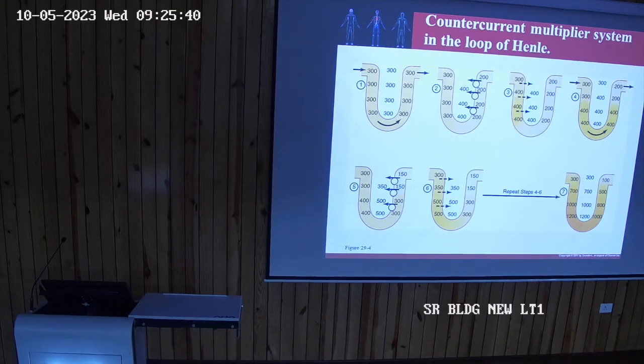Medullary gradient, the difference between the filtrate and the medullary interstitium at the same horizontal level, is 200 milliosmoles, and that difference is created along with the ascending segment and the descending segment. But for understanding purposes, first we'll go for the ascending segment, which is creating the interstitial pressure.